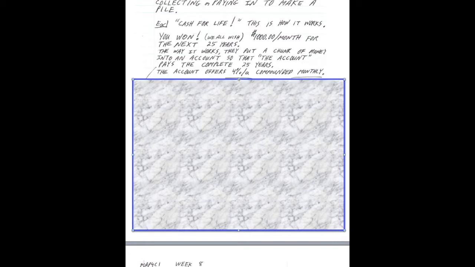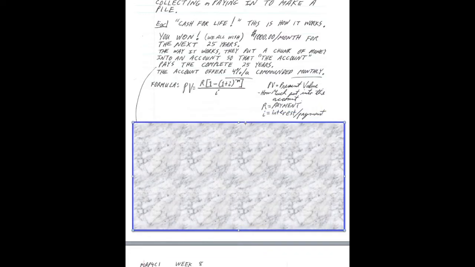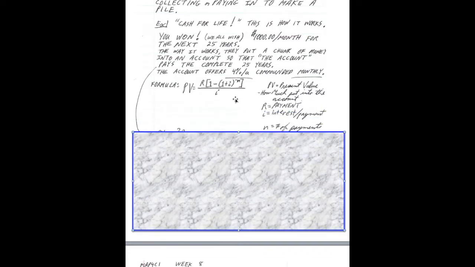So let's say they found a bank account that offers 4% compounded monthly. So they gave us a different version of the formula that we used before. Now, if you remember, the one that we used in 7.1, it was 1 plus i to the power of positive n.